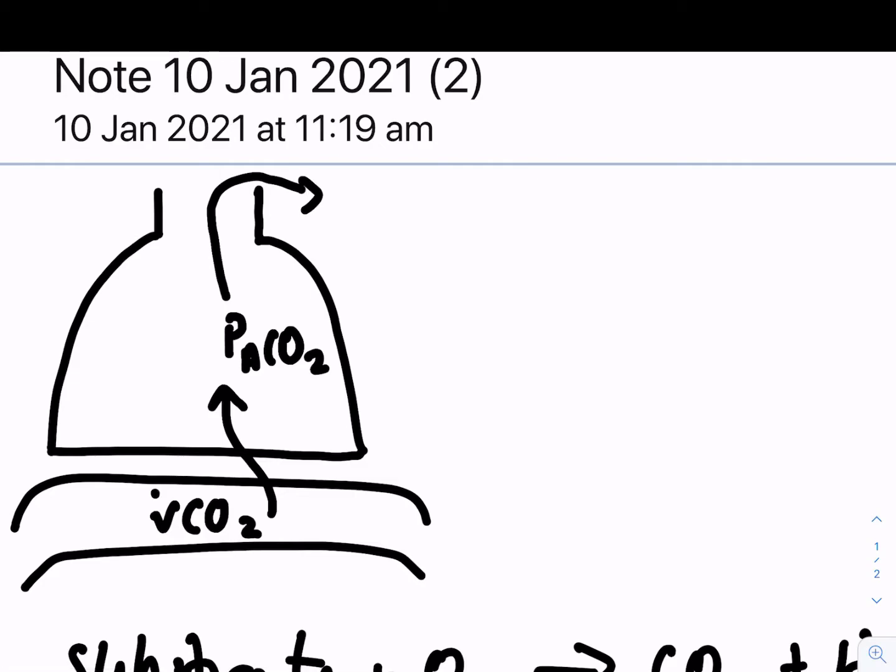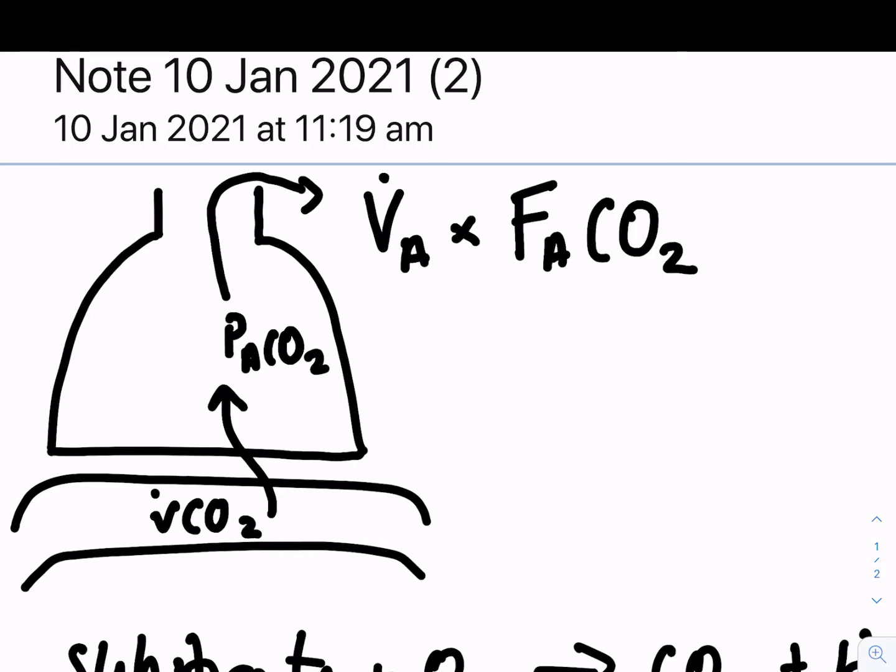Well, simply that's the amount of volume ventilated, which is in mils per minute. So we call that the alveolar ventilation times the amount of carbon dioxide as a fraction of that air, which we'll call FaCO2, the fraction of carbon dioxide that gas occupies.